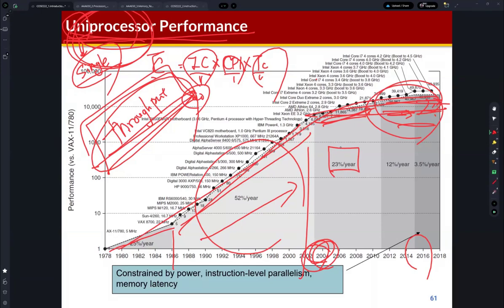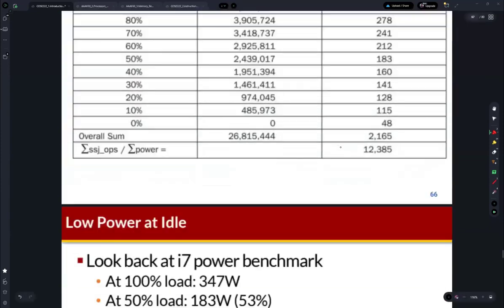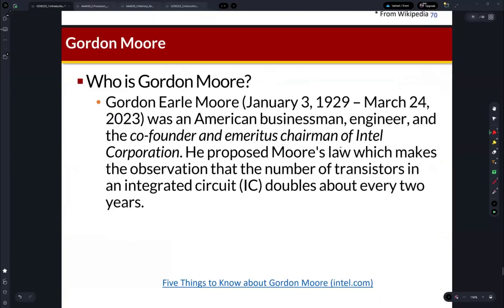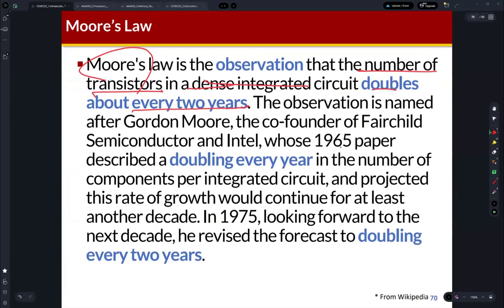It's because of the advances in semiconductor technology. Moore's law explains this trend, and how fast this technology has changed.